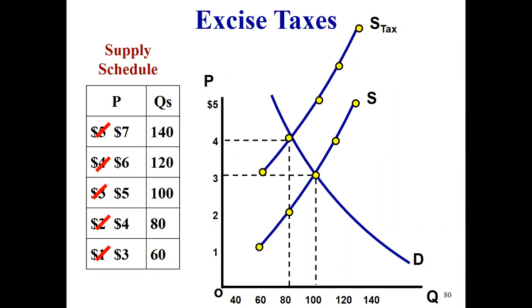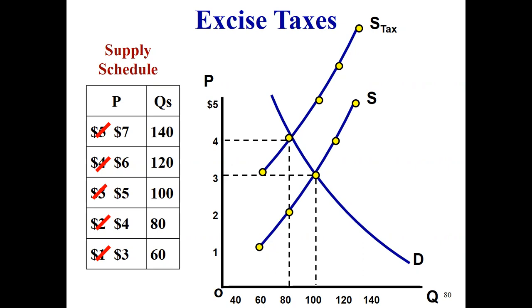Now, say they showed you this graph and they asked you how much the tax was. The way to find it is the difference between the supply curves, not from new equilibrium to old, but the difference of how wide the supply curve is.